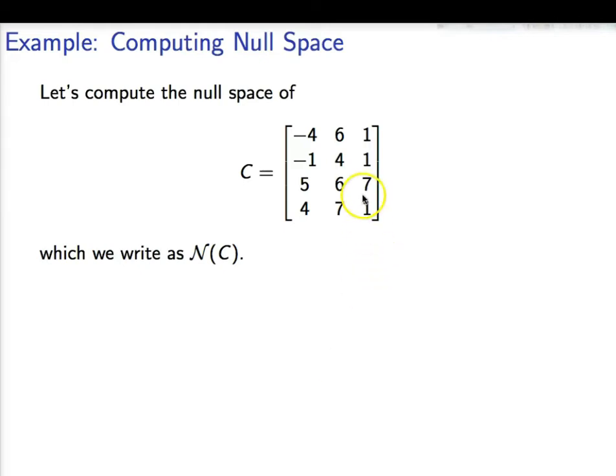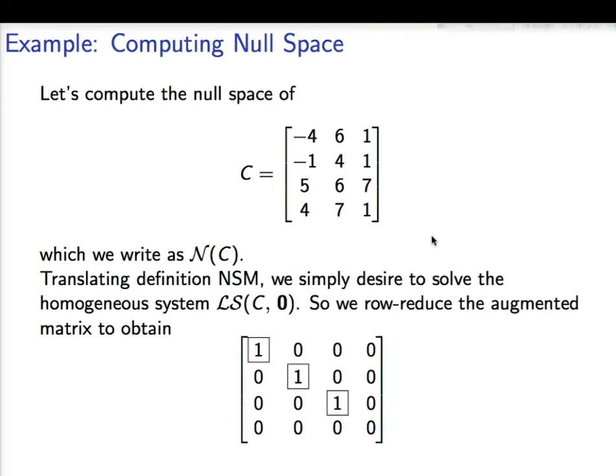Now, here's another example. We have a matrix that has m equals 4 rows, and n equals 3. Okay, and we augment the matrix with a column of zeros and row reduce, and then in this case, remember here we had established that n is the number of columns, number of variables, and this linear system of equations with this as being the coefficient matrix, there will be 3 variables.